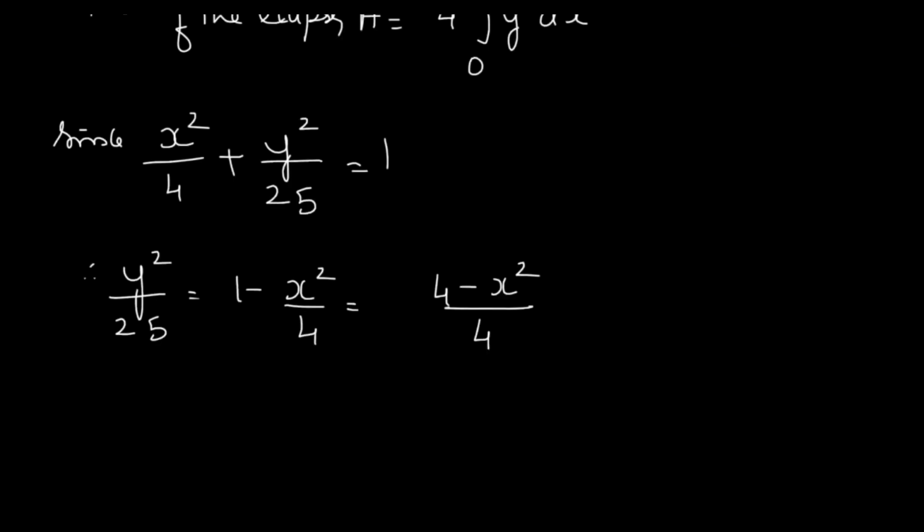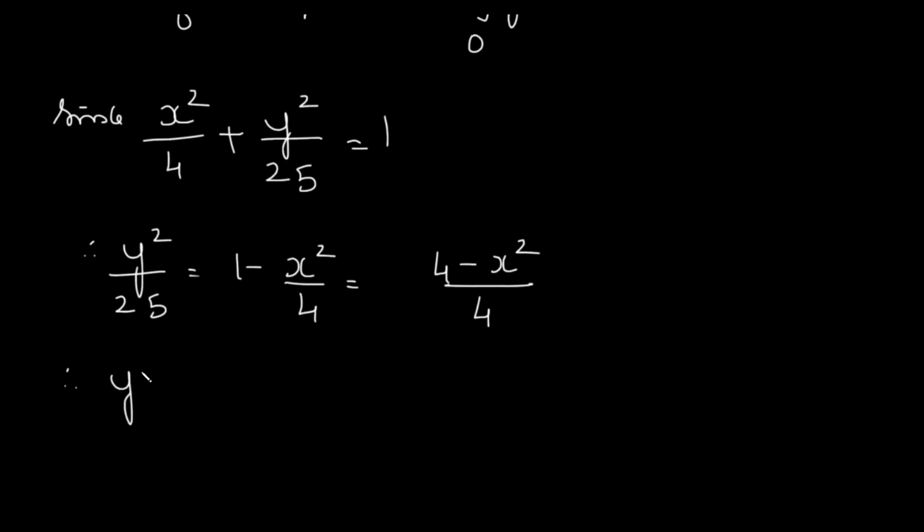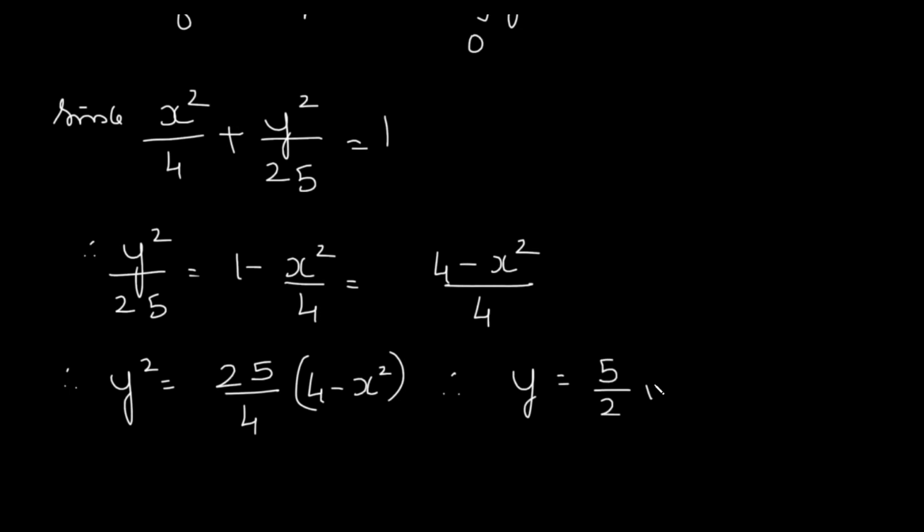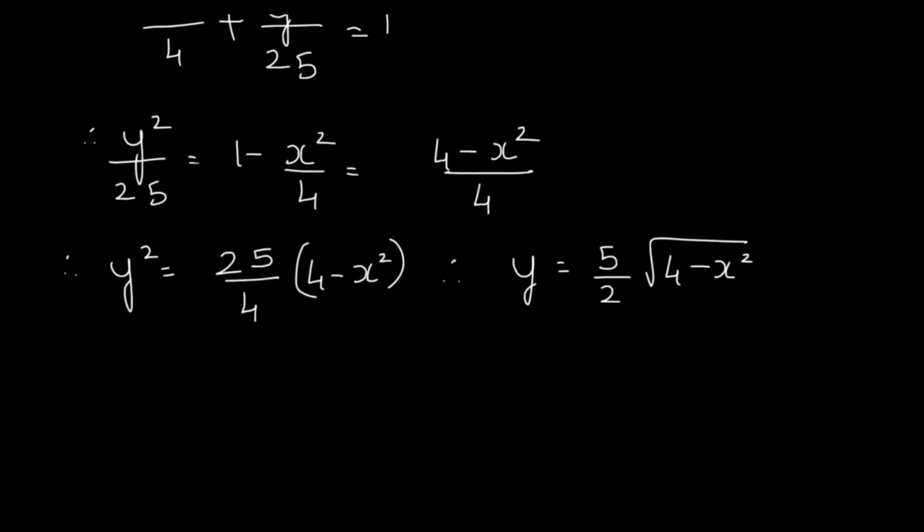Therefore y square is equal to 25 upon 4 into (4 minus x square). Taking square root on both sides, y is equal to 5 upon 2 root of (4 minus x square). This becomes the value for y in the first quadrant we are considering, so everything is positive.